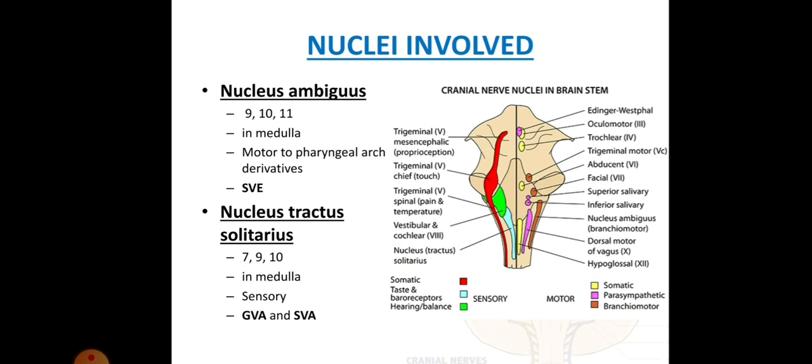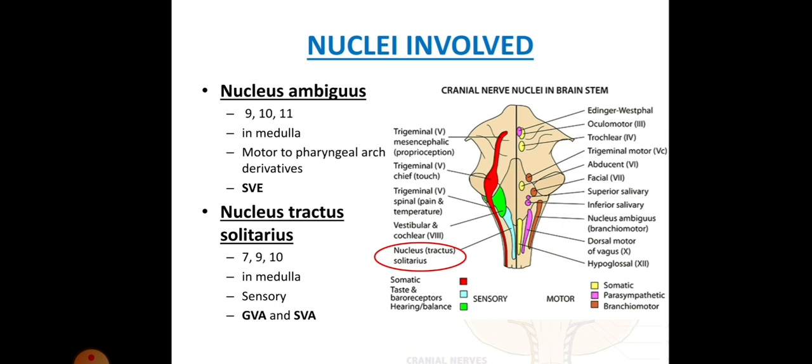The next nucleus is nucleus tractus solitarius. So we remember nucleus tractus solitarius when we get nausea or vomiting, because it is associated with general and taste sensation from the tongue. So this is common for the 7th, 9th and 10th nerves. This is also located in the medulla. This nucleus is concerned with sensory fibers, not motor.